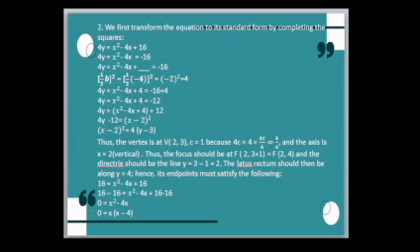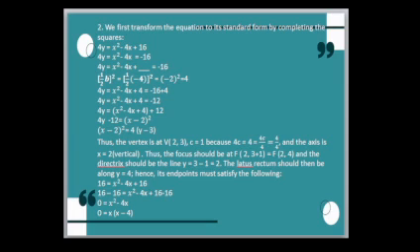And number 2, we first transform the equation to its standard form by completing the square. The given number 2 is 0 is equal to x squared minus 4x minus 4y plus 16, and that is not in standard form.